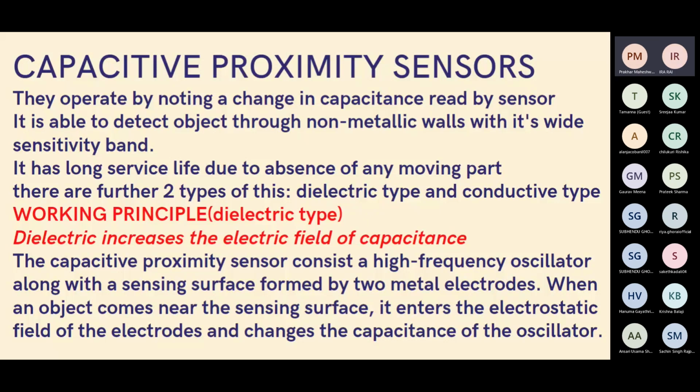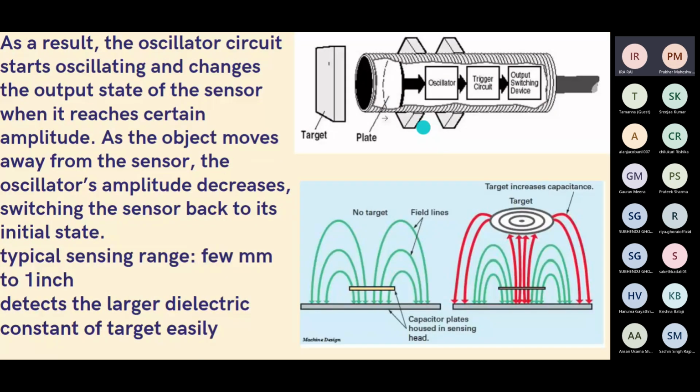The capacitive proximity sensor consists of a high frequency oscillator along with a sensing surface formed by two metal electrodes. For example, you can see this image. We have two metal electrodes here and an electric field between these capacitance plates.